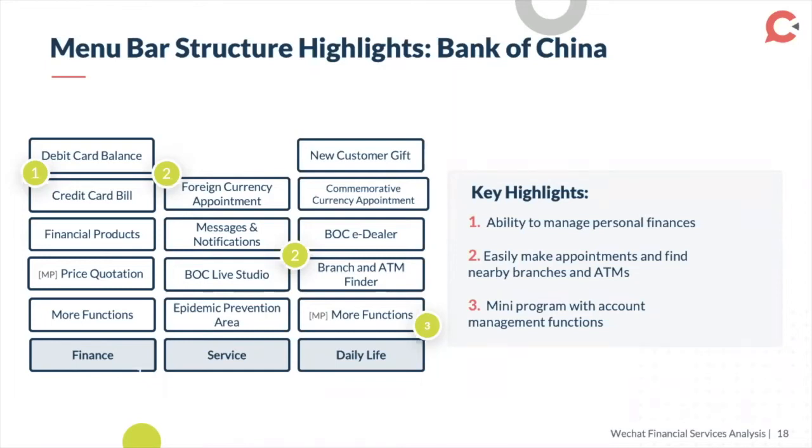Users can easily find a nearby branch or ATMs and make appointments. All these functions can be a redirection link to your website, or it can be a mini program where you can identify and bind your followers and retarget in your marketing journeys.